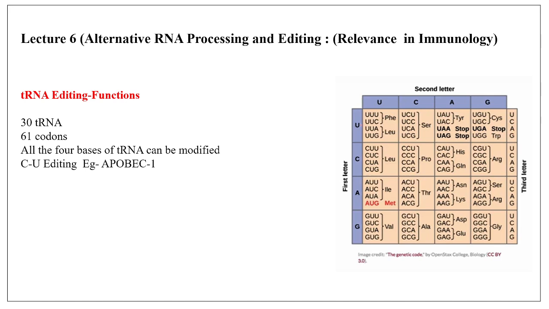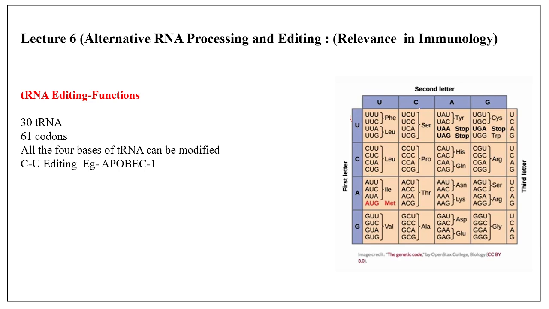So how are you reading it? That is what is important. This is the first letter, this is the second letter, this is the third letter. So, UUU, UUC, UUA, UUG.